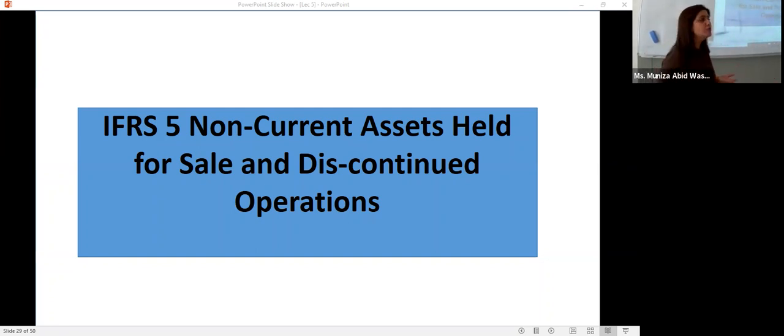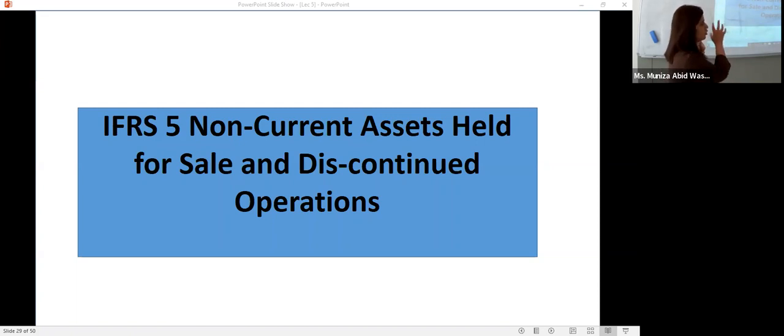They are no more used by an entity in order to earn economic benefits. So the general rule is that those assets which fulfill the criteria to be held for sale are going to be recognized separately, and they are not going to be depreciated anymore. We are not going to take depreciation on these assets anymore. So this is an important concept in regards to this.